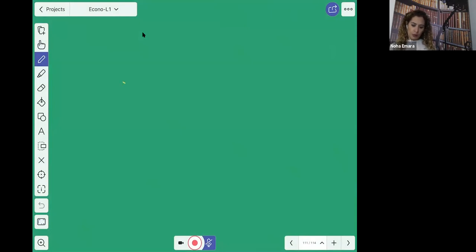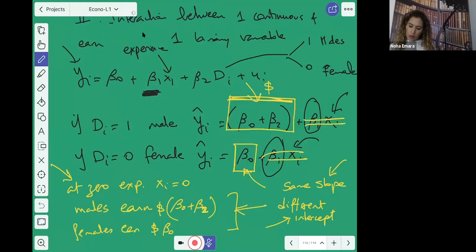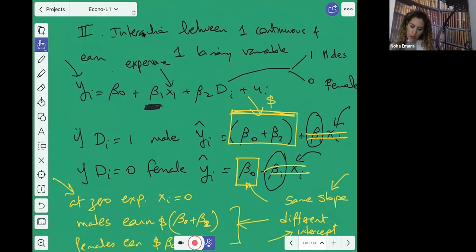So this is the second case: different intercept, different slope. And just to not get lost, remember, everything is still under this big topic, which is the interaction between one continuous and one binary.